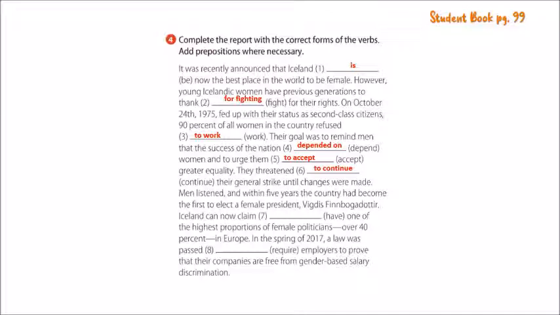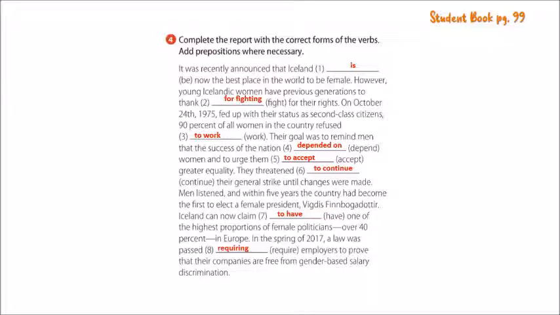Iceland can now claim to have one of the highest proportions of female politicians, over 40% in Europe. In the spring of 2017, a law was passed requiring employers to prove that their companies are free from gender-based salary discrimination.